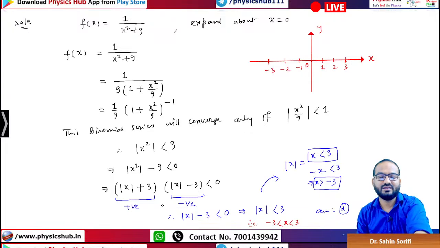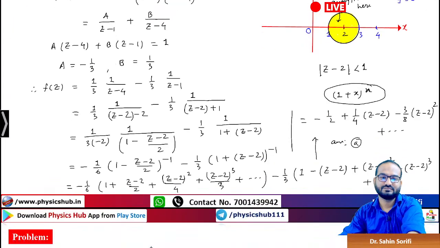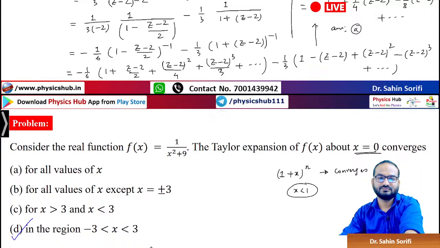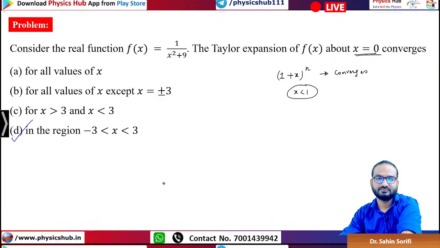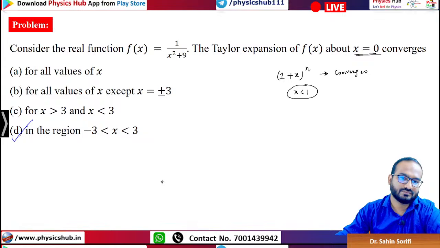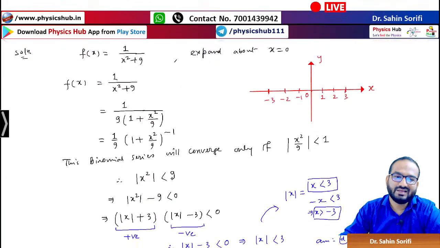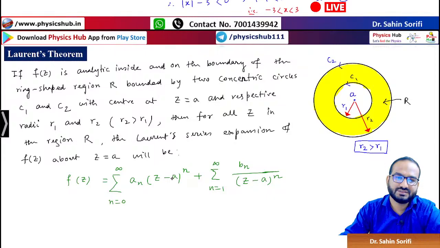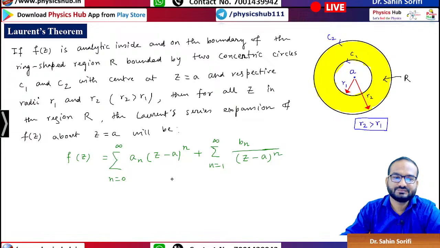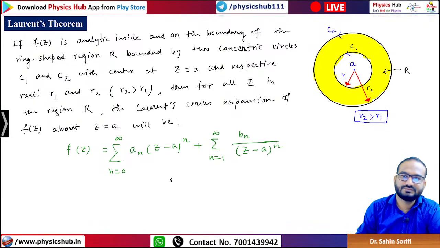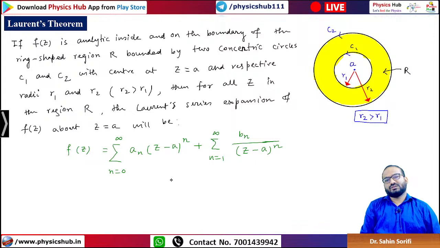Is x real or f(x) real? Here actually you have been asked the binomial condition. x equals 3i you cannot take actually. It may be finite, the value at one point may be finite, but you have to find out the condition of convergence.